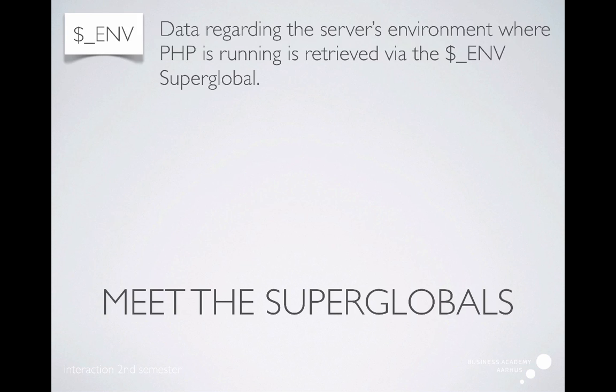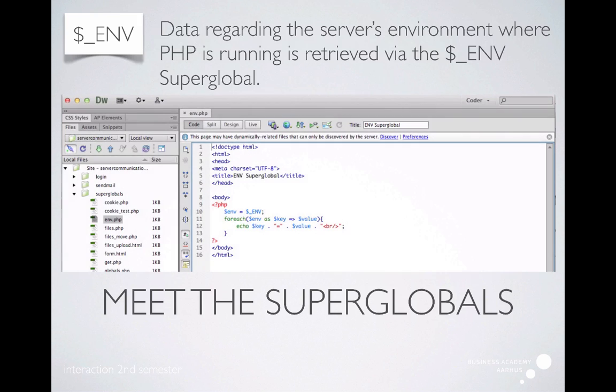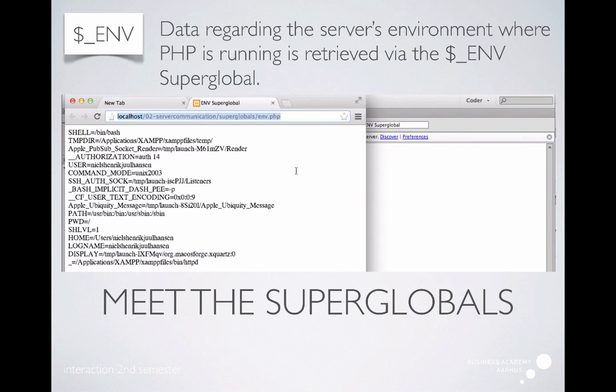Environment is this Superglobal that tells us which server environment PHP is running in. Let's have a look at a small example. Again, we just print out the environment variables as key value pair. On my localhost, I have quite a few variables from the environment array.